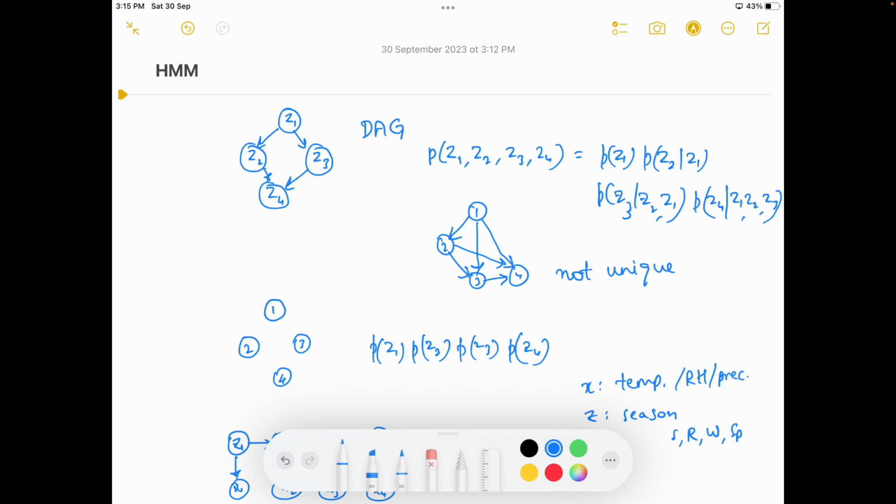So that's the principle. If you want to read more about it, you can read it in the PRML book.